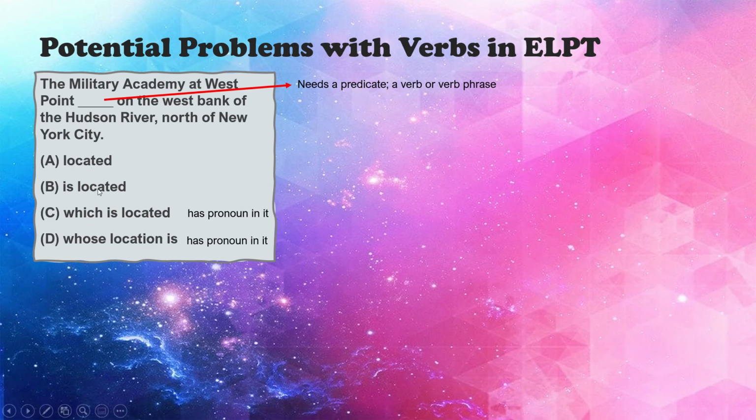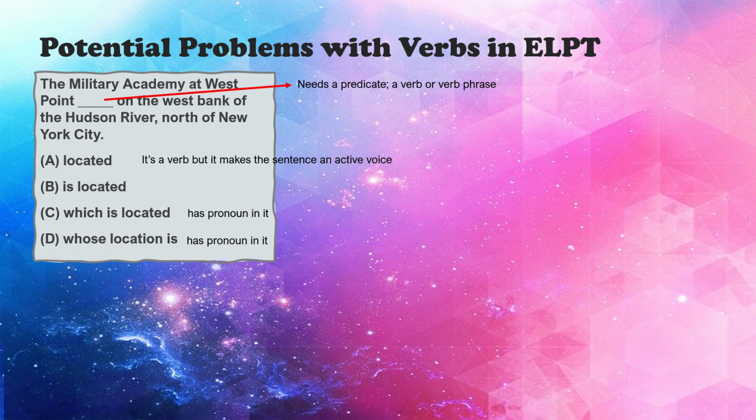Which one is correct? In this sentence, the first choice is a verb, but it makes the sentence an active voice. It means that the subject does the action. The military academy at West Point is an inanimate object, so it cannot do actions on its own.